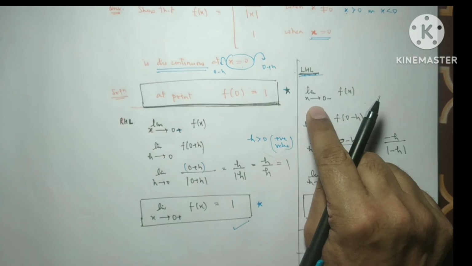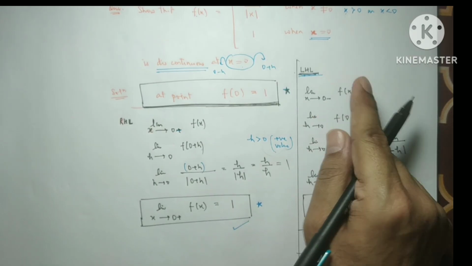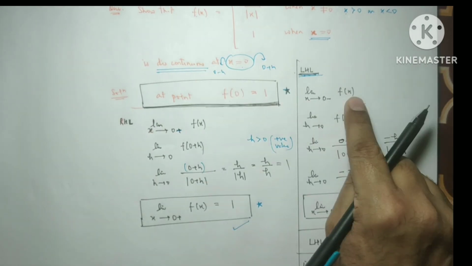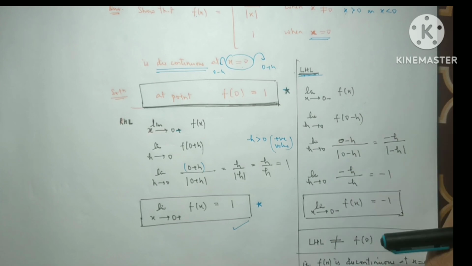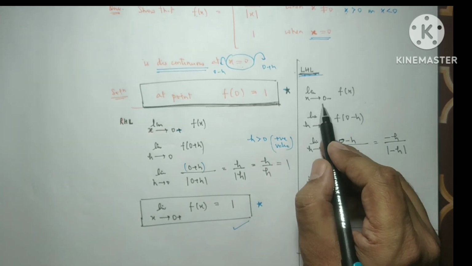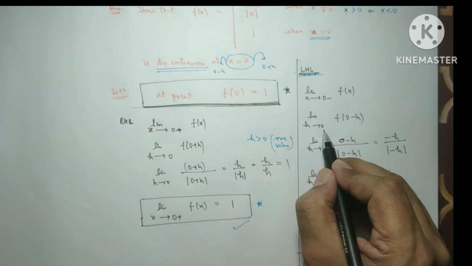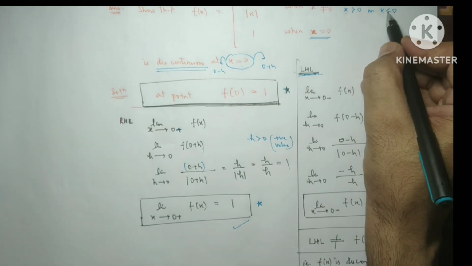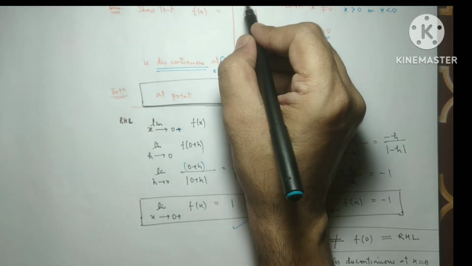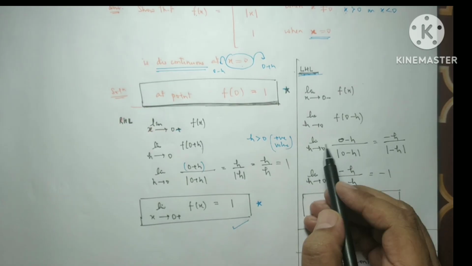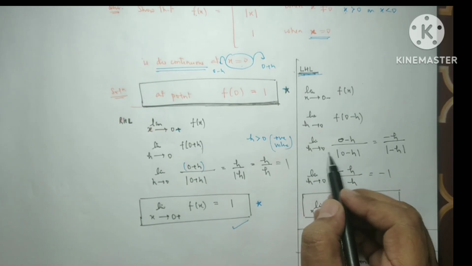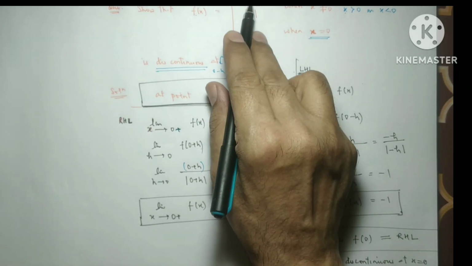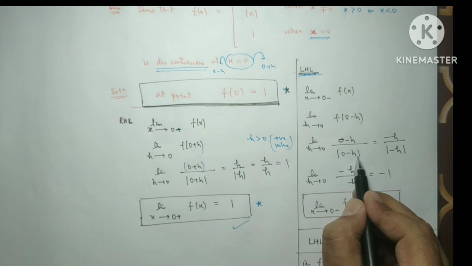So the left hand limit, when x tends to 0 minus, on the left hand side, the neighboring point on the left side is 0 minus h. So limit h tends to 0. When we put this value in this function, x less than 0, we use again this definition. So it will be limit h tends to 0, 0 minus h as x, and the mod of 0 minus h.